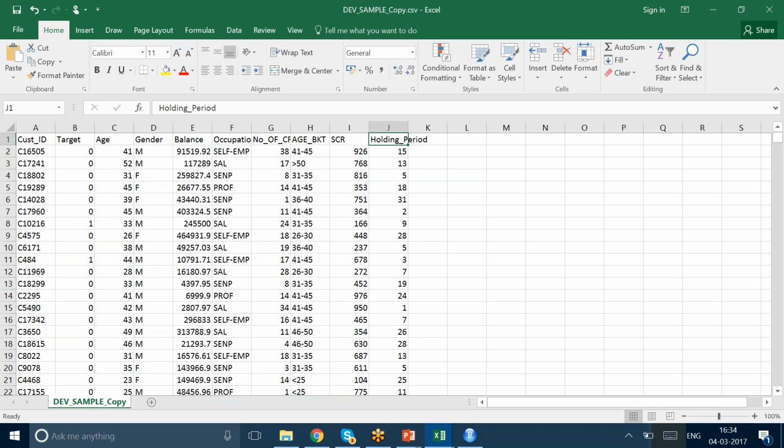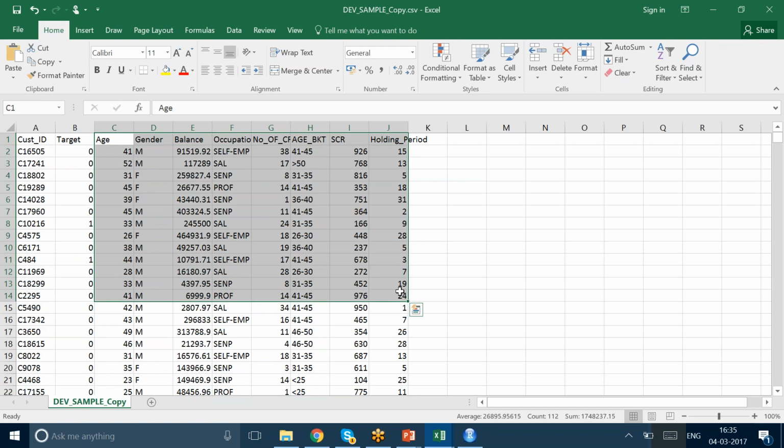These are data points available with me. Target is my y, because I'm trying to predict target.